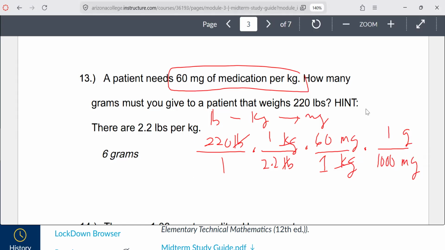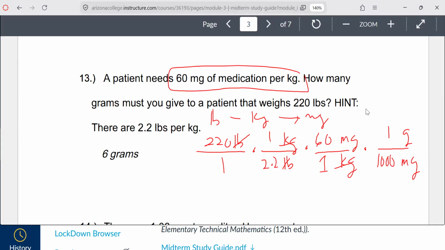So at this point, you have to multiply the top. 220 times 1 is 220, times 60, times 1. You write it down. So if you multiply the top, you should get 220 times 60.